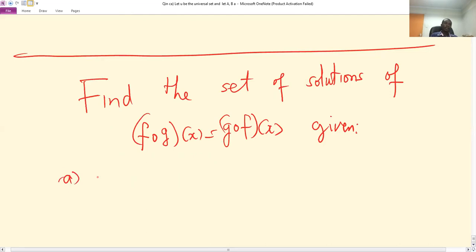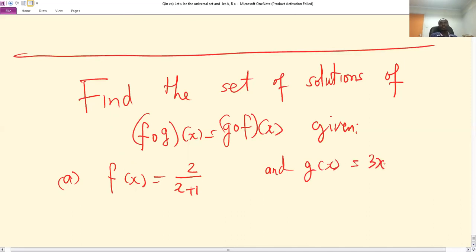So part A, they tell you that f of x is 2 over x plus 1 and g of x is given by 3x.